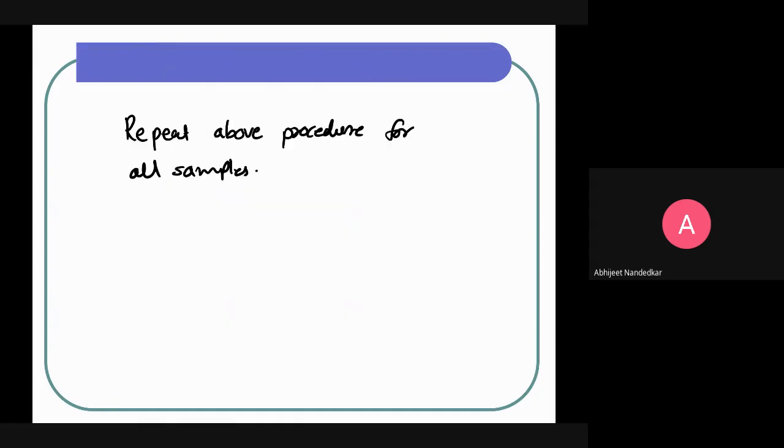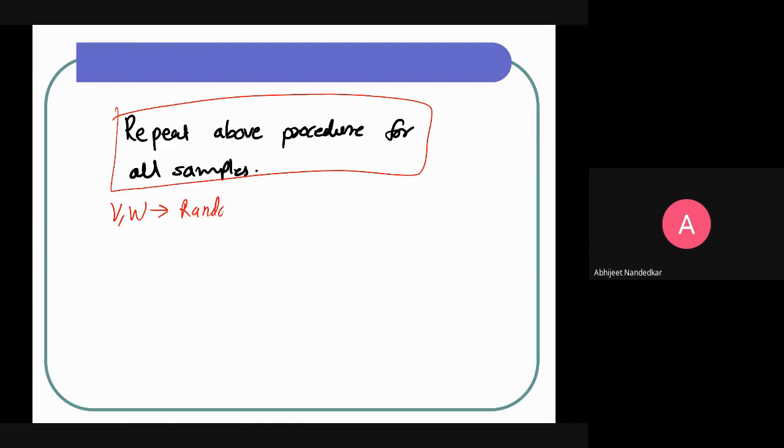Now we have to repeat this procedure for all the samples. So I just repeat this step. Randomly assume V and W initially. Then we take X1 and change the weight matrices to V1 and W1.